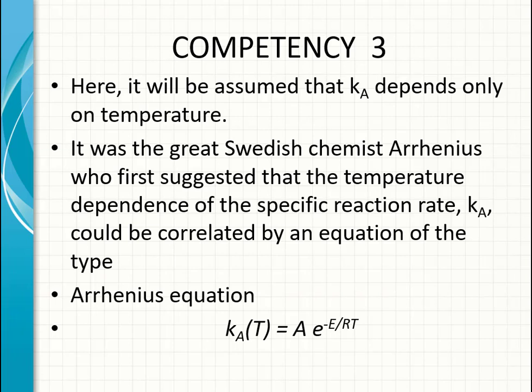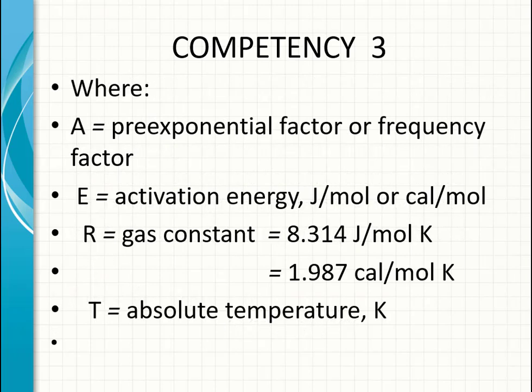It was the great Swedish chemist Arrhenius who first suggested that the temperature dependence of the specific reaction rate, k_A, could be correlated by an equation of the type, and here we have the Arrhenius equation: k_A(T) is equal to capital A times the exponential of minus capital E divided by RT, where A is called the pre-exponential factor or frequency factor.